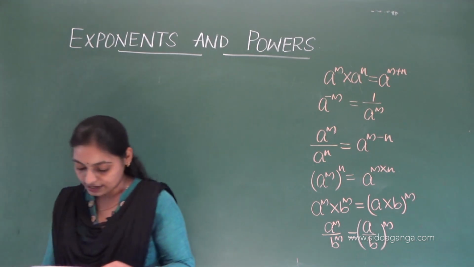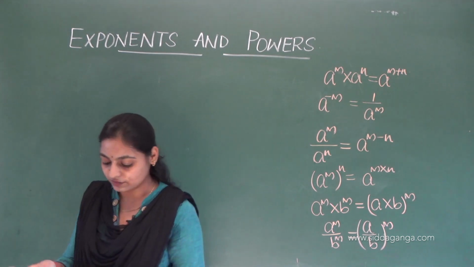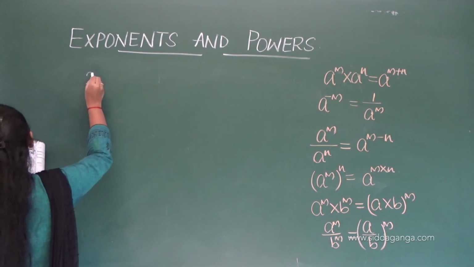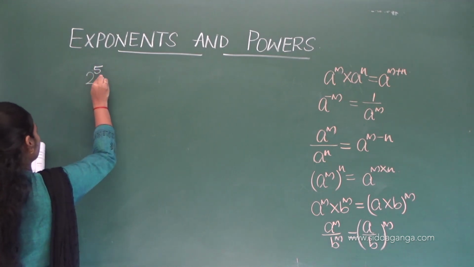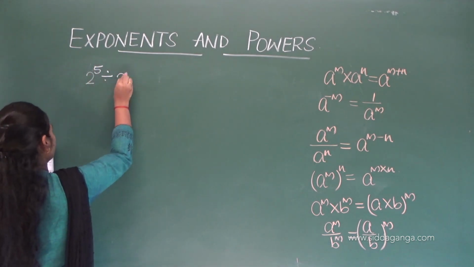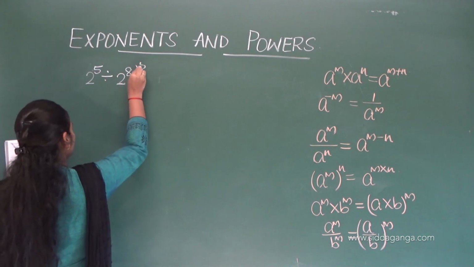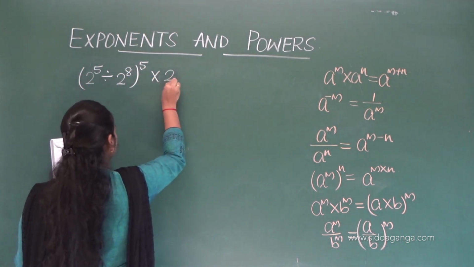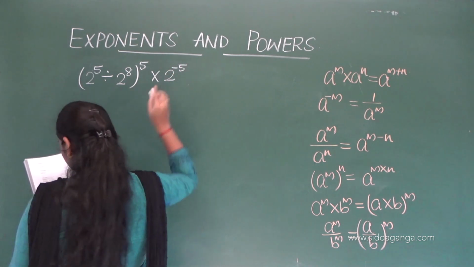Simplify and write the answer in the exponential form. 2 to the power of 5 divided by 2 to the power of 8 whole to the power of 5 into 2 to the power of minus 5.